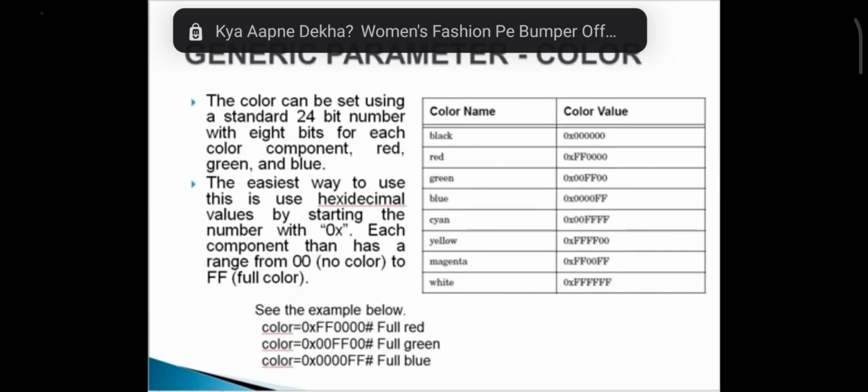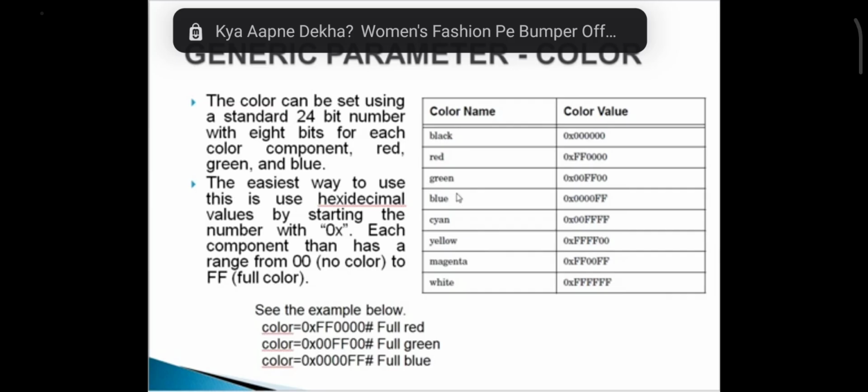Next, how to define the generic parameter in color format. The color can be set using a standard 24-bit number with 8 bits for each color component, red, green and blue. The easiest way to use this is to use hexadecimal values by starting the number with 0x. Each component then has a range from 00 to FF. 00 means no color and FF means full color.